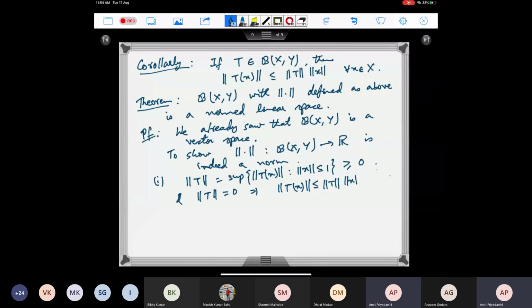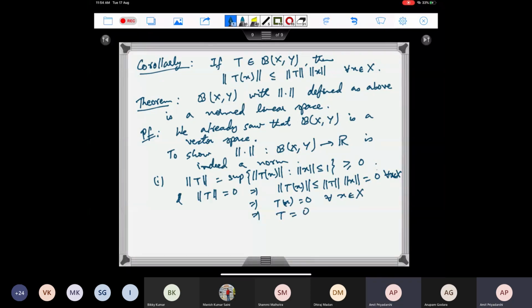So this is true for all x in X, and because this is a norm on the vector space Y, it will imply that Tx is equal to 0 for all x in X, which implies T is the zero operator. So the first property is obvious.